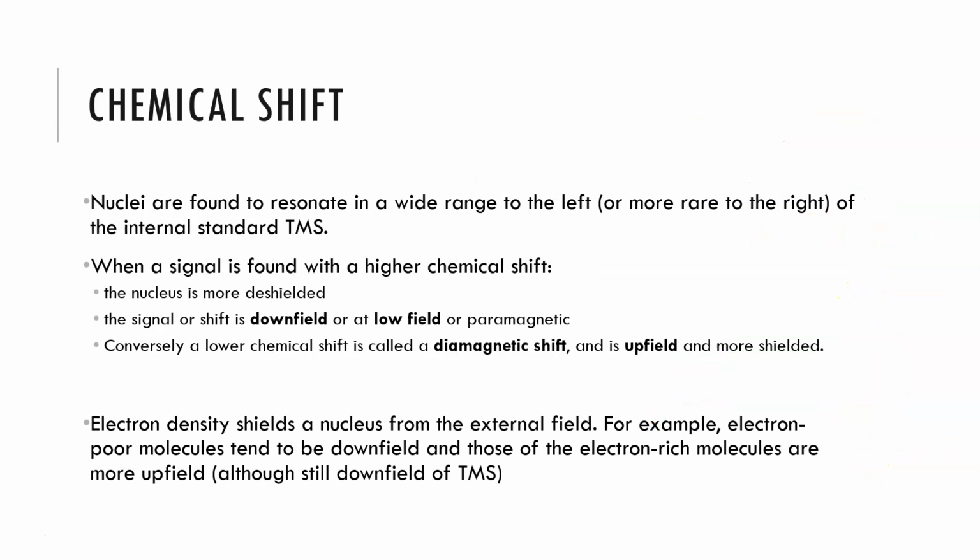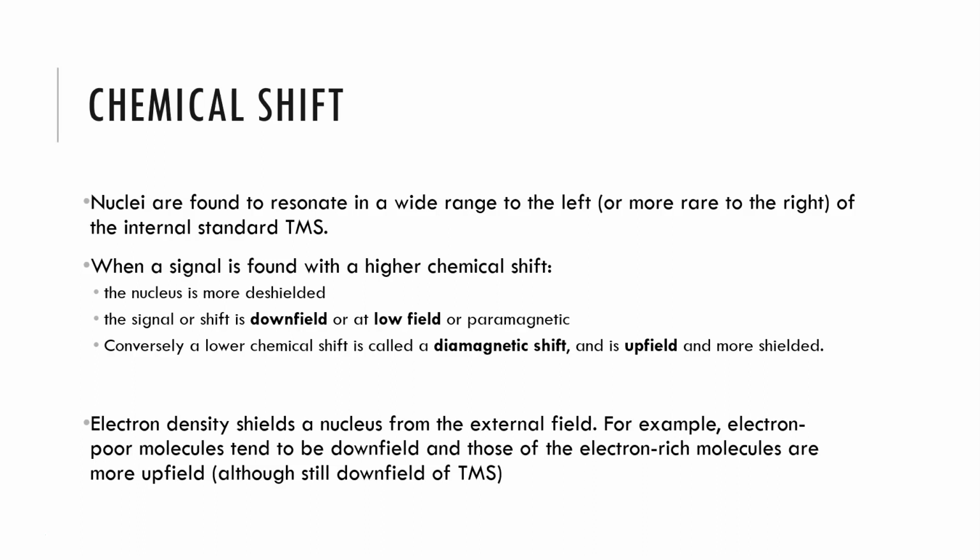So because this is not a specific thing, we're looking at ranges of chemical shifts. And if we see a chemical shift that is higher than what we are expecting, this is usually due to the presence of a highly electronegative element being near the proton that we're looking at.